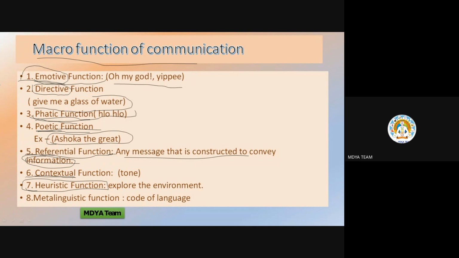Then he will find that, oh, this thing is done in this way. So it means he will explore things for building that tower. So in heuristic, we explore our environment. So this is what heuristic means.